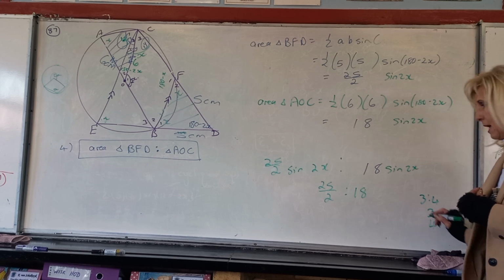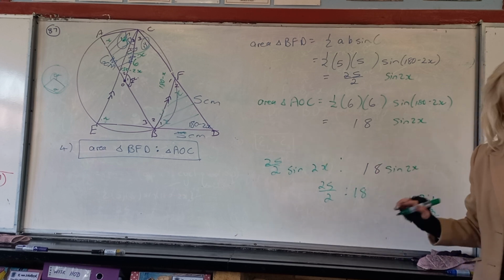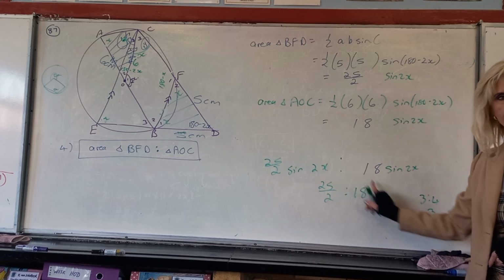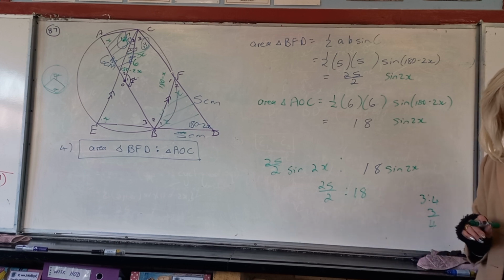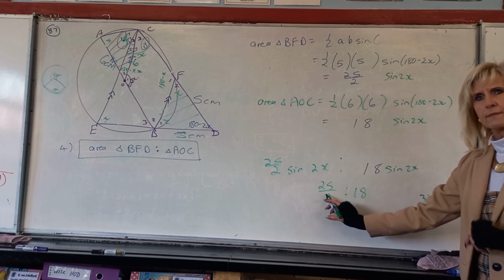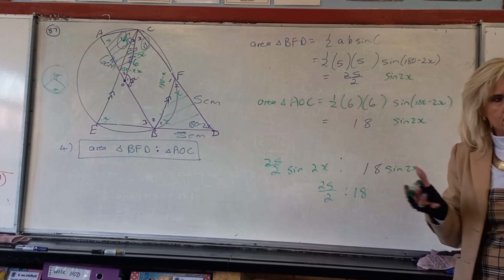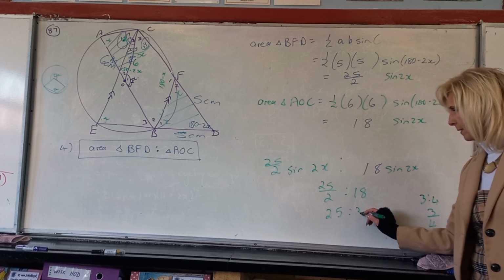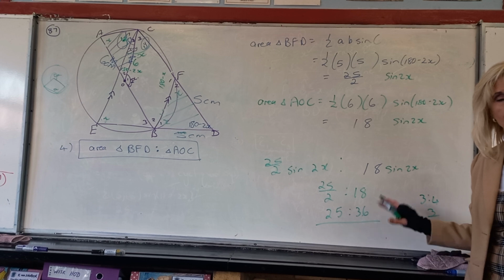So you shouldn't ever have a fraction over a fraction. When you are writing ratios, there shouldn't be a fraction inside of the fraction. How would I simplify that? It's like an equation. It's not an equation, but you treat it as one, because if you times both sides by 2, you're going to have the simplest form of a ratio.